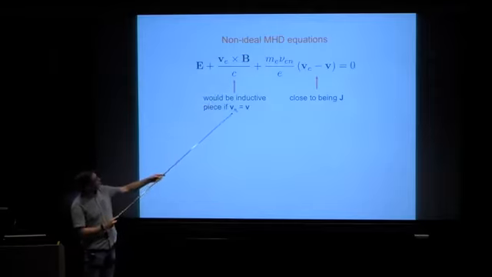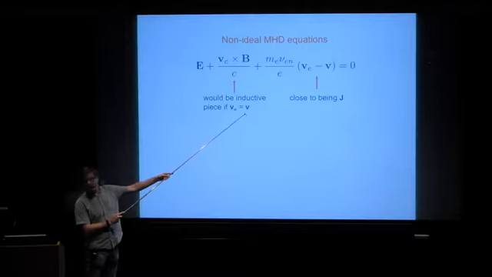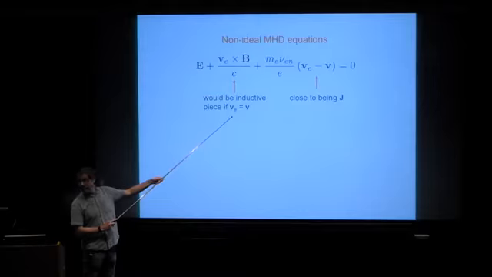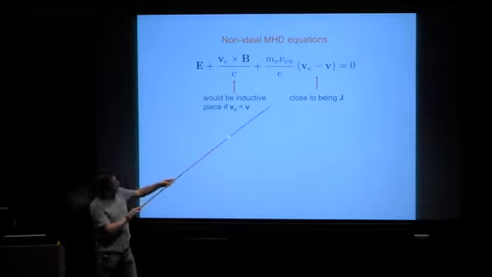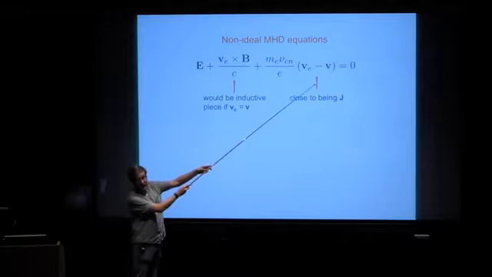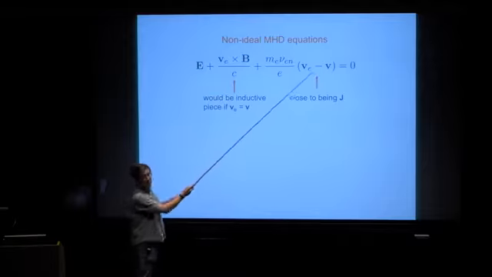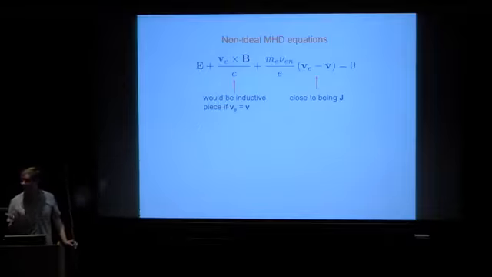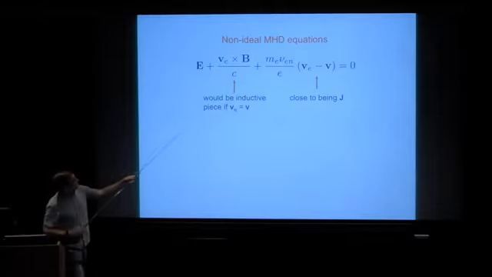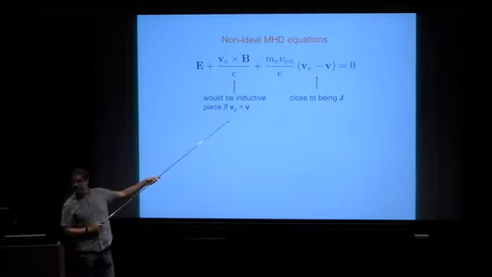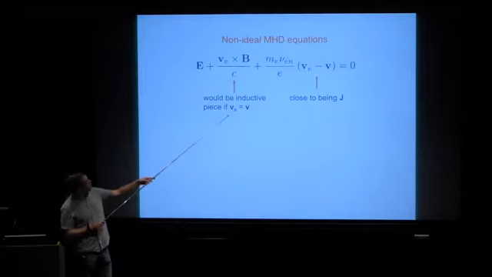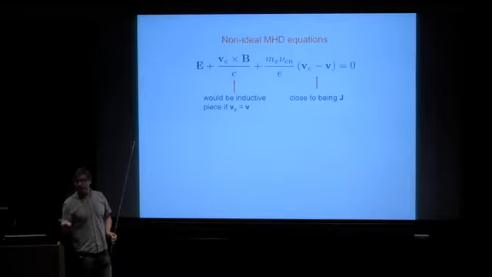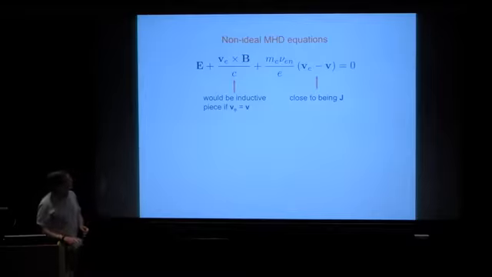If the electron velocity was just the overall single fluid velocity, this would be the ideal MHD inductive piece. And here we have V_e minus V, and if that was not V but V_i, then we would have something that would be the current density. So even at this first substitution, we've gotten to something that is getting towards a more complicated version of Ohm's law that we could use to derive the induction equation.